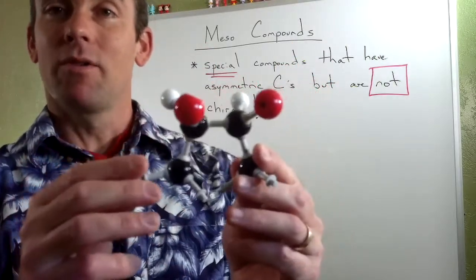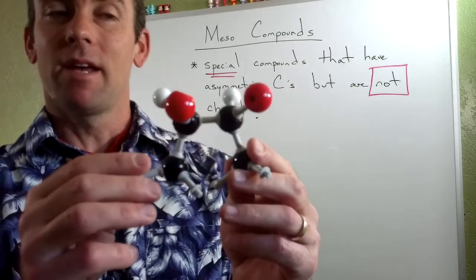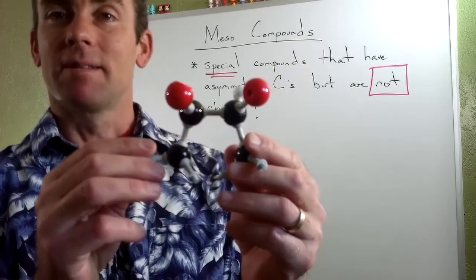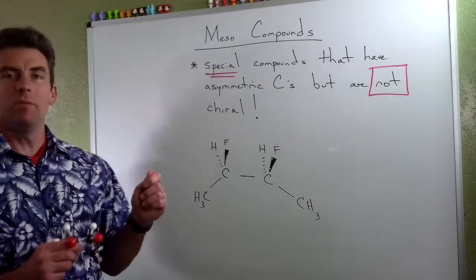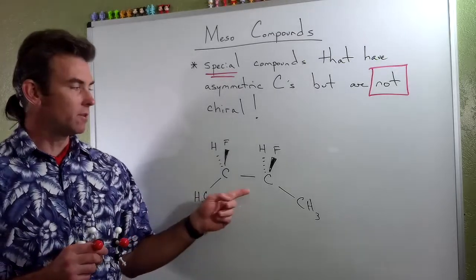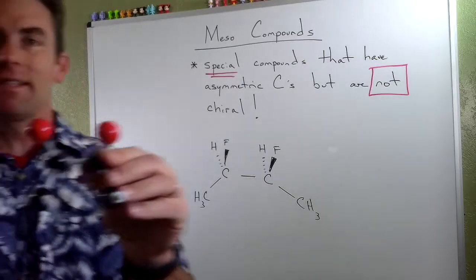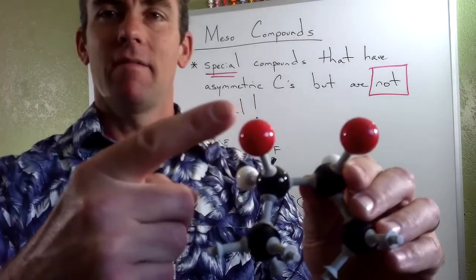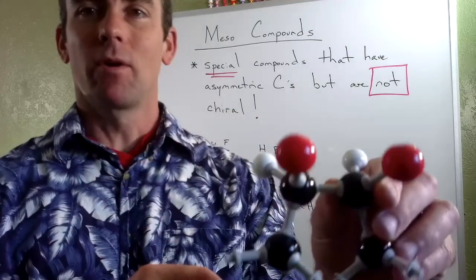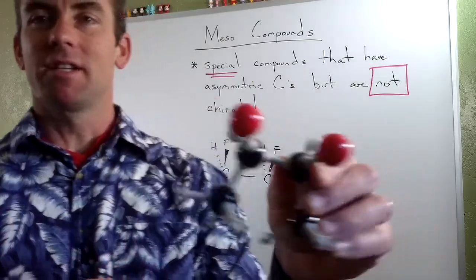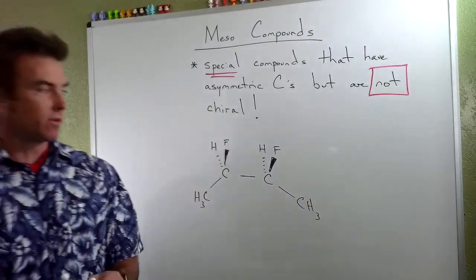So let's go through a little bit of that right now, and we'll see how you guys are at this. So here is our meso compound that I've drawn on the board here. And you can see that the reds that I have shown on there are actually just fluorines. It could be anything, but I just chose fluorine to make sure that you could see it here.